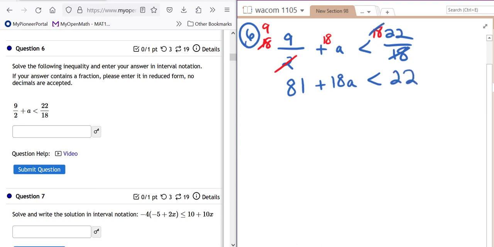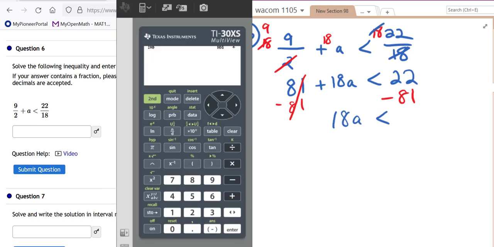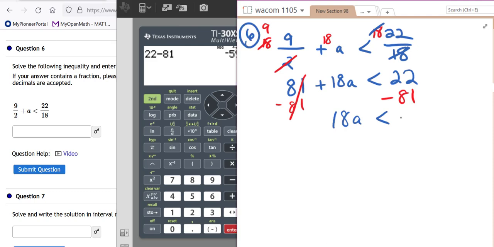Now you're going to subtract your 81 from both sides. And we have 18a is less than 22 minus 81. So that's a negative 59.